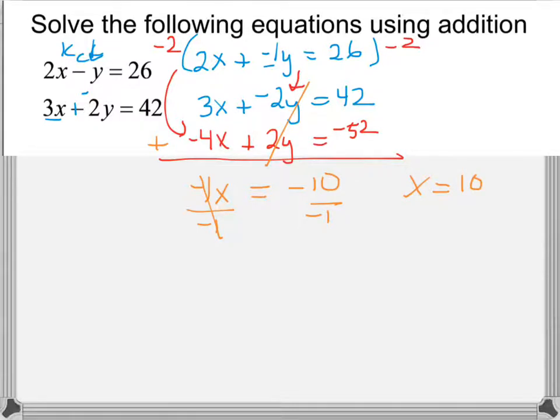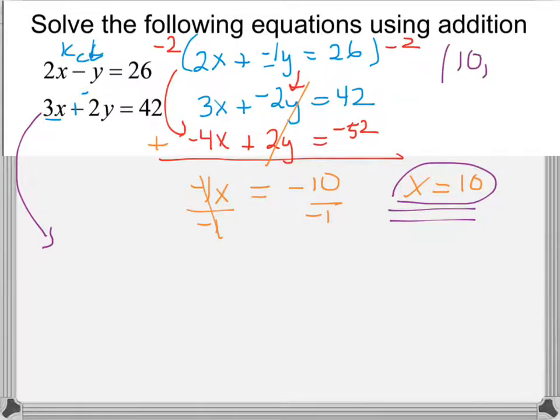Step 2 is to choose one of the equations. I'm going to choose this top one because it has no subtraction, and I like it when there's no subtraction in it. I'm going to substitute 10 in for x. So right now I have 10 as my x part of my coordinate pair, but I just don't have my y.